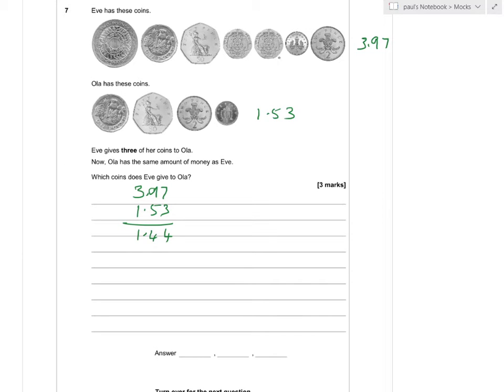Can she do that? No, she can't. Right, so have I added these up wrong? I'm sure the difference is £2.44. So can she give £2.44? She can't give 44 anyway. So how's she going to do this?